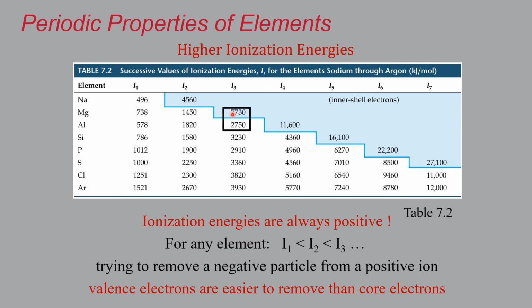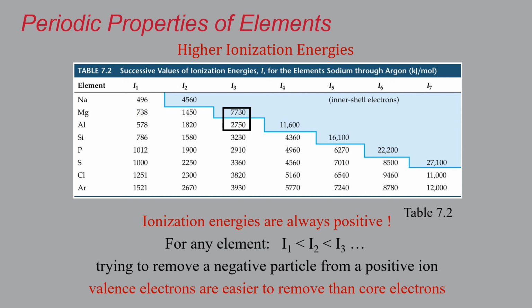After you've taken those 2 out, you're into the next shell down, so you have lost a complete shell's worth of shielding. So there is a huge difference in the effective nuclear charge for magnesium and aluminum at that point. This is a way of telling how many valence electrons an element has: when you see the huge jump in the successive ionization energies.